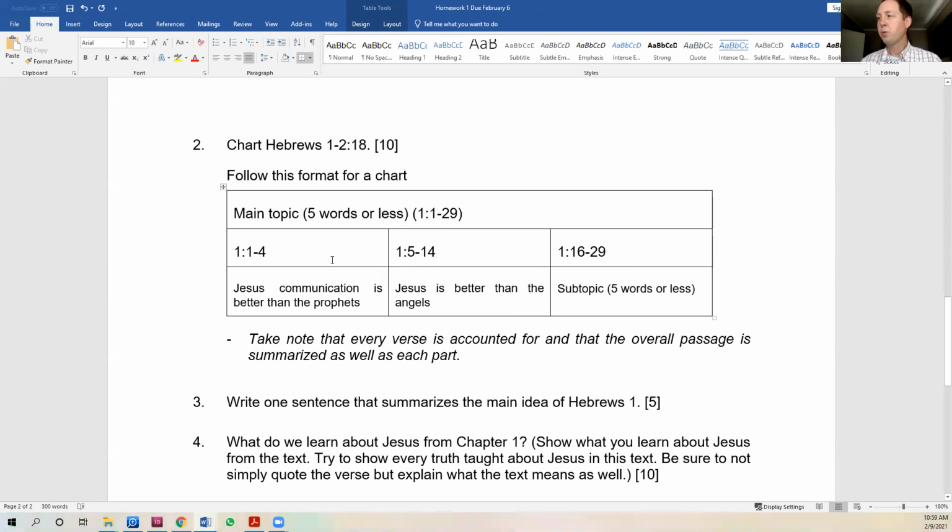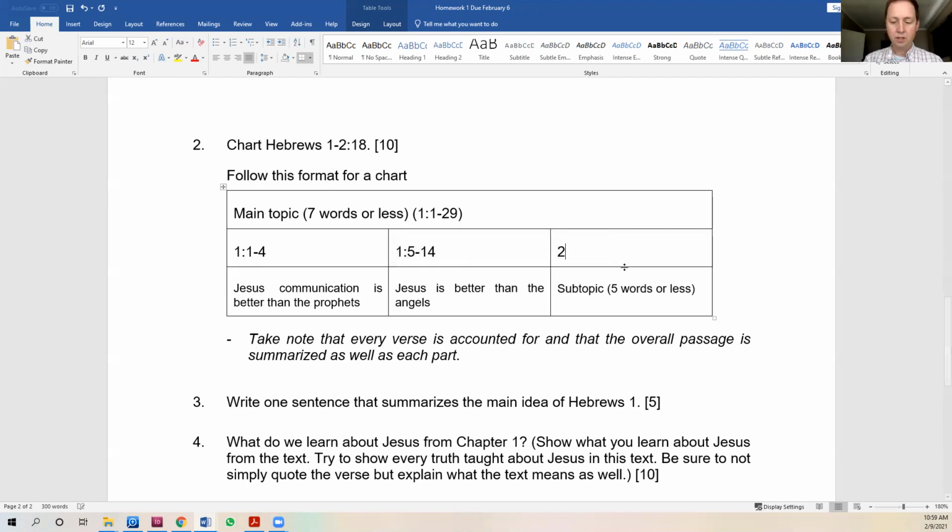We're going for 5 words, but maybe we should change that to 7 or 10 words because it's close enough. We just don't want long descriptions. We want short titles. You could say better than the prophets, better than the angels, to get it shorter, but I think this is great.